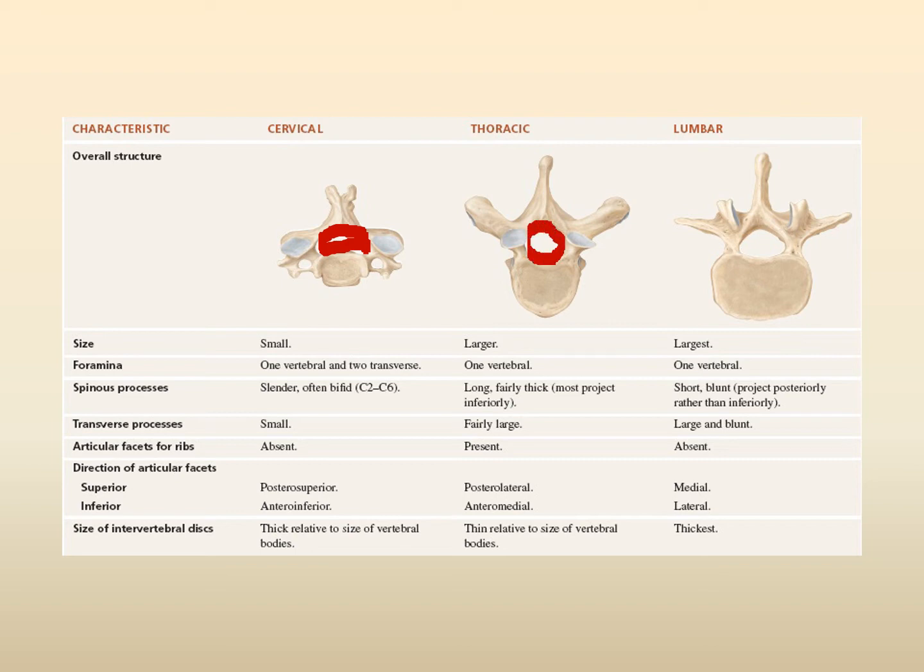So the spinal cord is running through here. This right here is the body, and it gets larger as you move down because you have to support more weight. And so that is certainly something that you will notice. You'll notice the structure back here as well of these facets and processes off of the back.